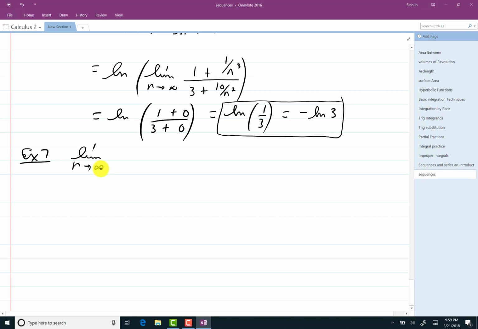Here I have 13 to the n all over 13 to the n plus 4/3 to the n.